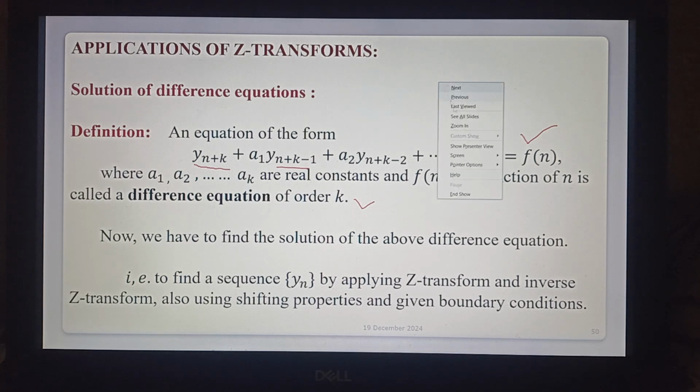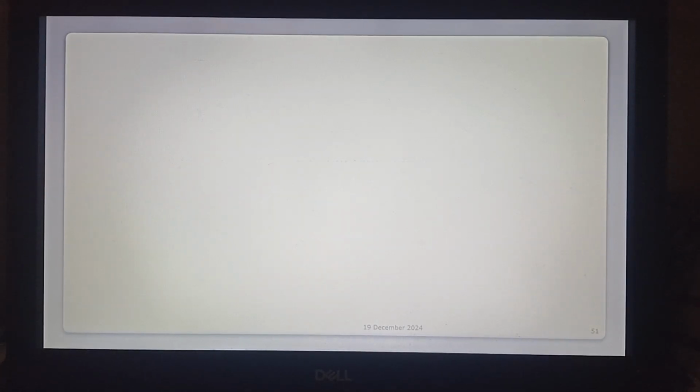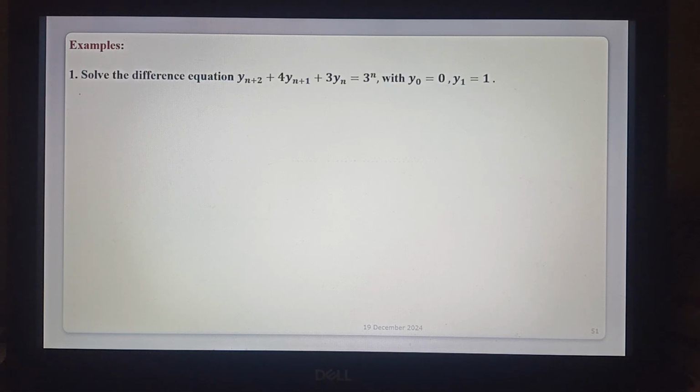See the example here. First one: solve the difference equation y(n+2) + 4y(n+1) + 3y(n) = 3^n, with y(0) = 0, y(1) = 1.